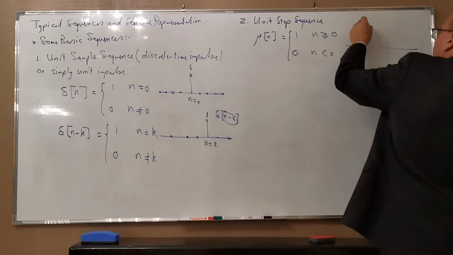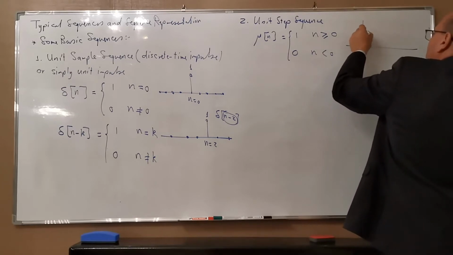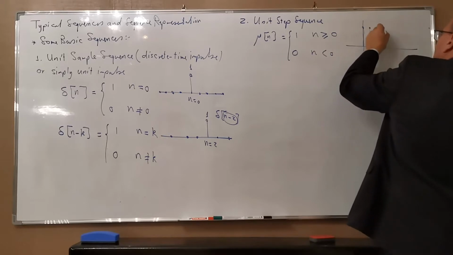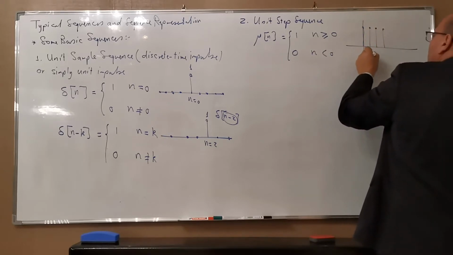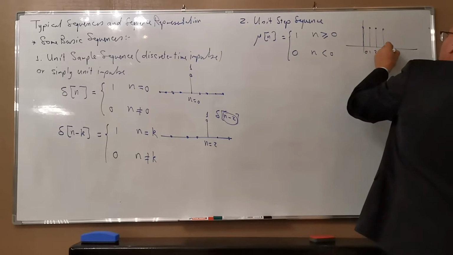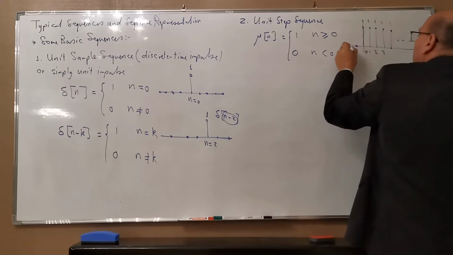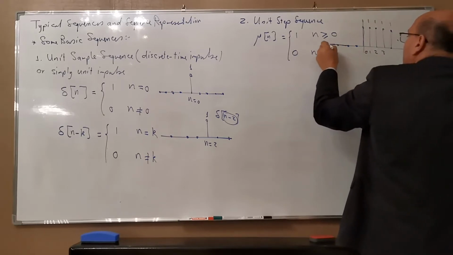The unit step is all ones starting from 0 and above: 0, 1, 2, 3, and all those values are ones, and 0 on the left-hand side.